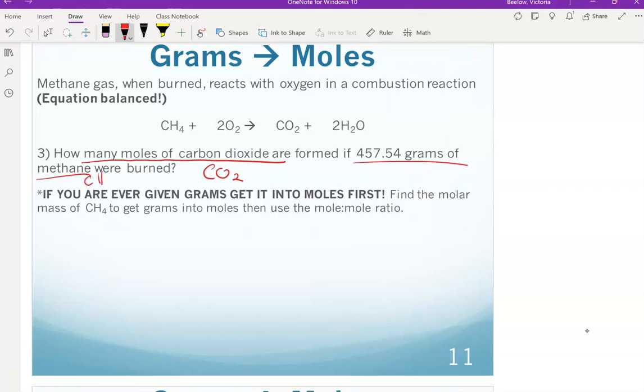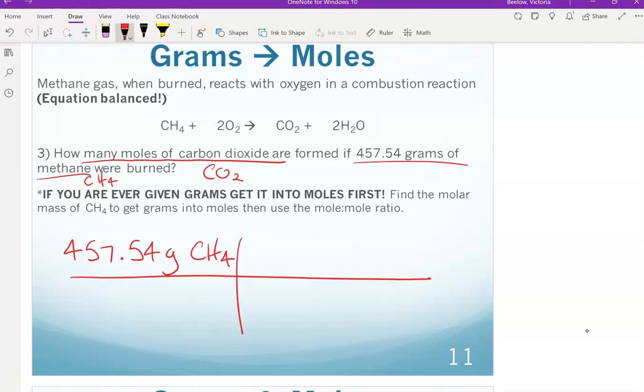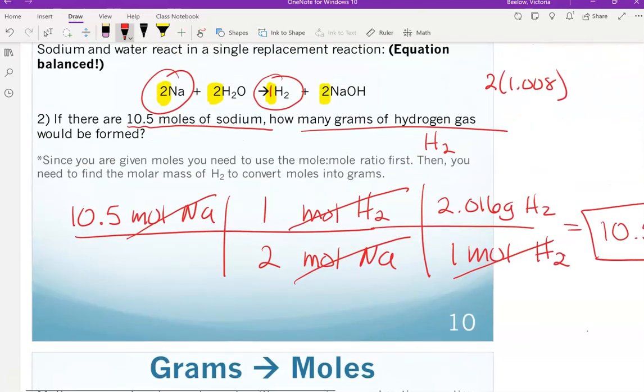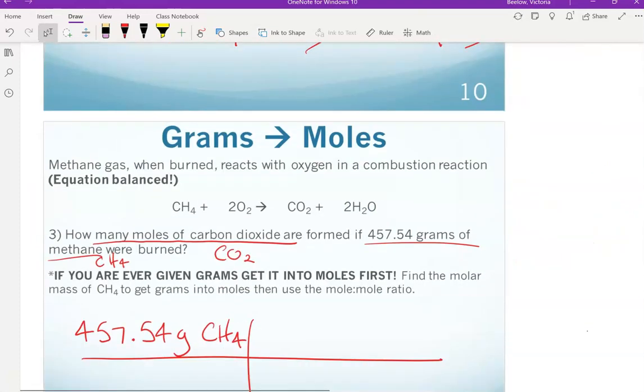Again, methane is CH4. So I'm going to start my picket fence with the number that was provided to me in the problem. So grams of methane. Methane is CH4. So I'm starting with grams this time. Like I was saying in the last problem, if you have moles, you need to use the balanced equation.